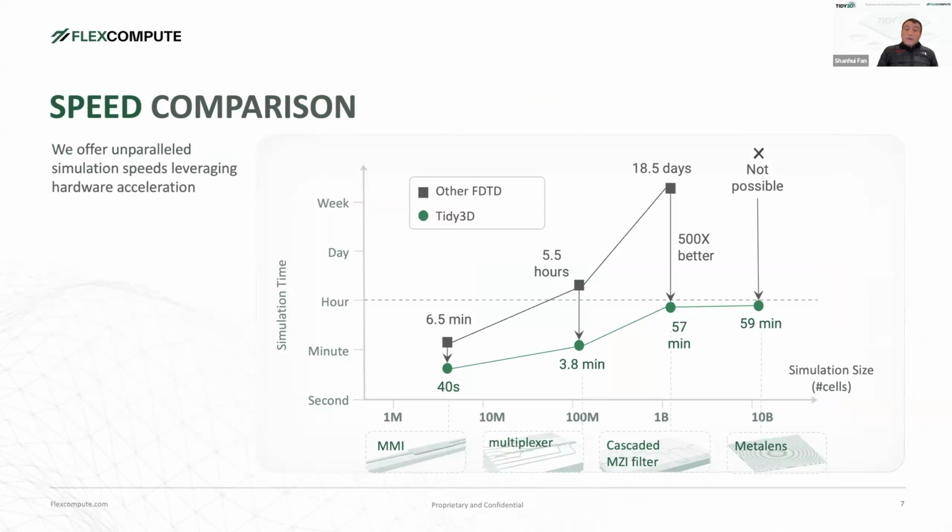Moreover, we are capable of dealing with very large problems in reasonable time that are essentially not doable with other commercial solvers. One example is on the right-hand side of this graph, where we have a three-dimensional simulation of a large-scale metalens. These are hundreds of wavelengths in size and dimensions, with about 10 billion unknowns, which you couldn't usually do with a commercial solver, but we can do that in under an hour.